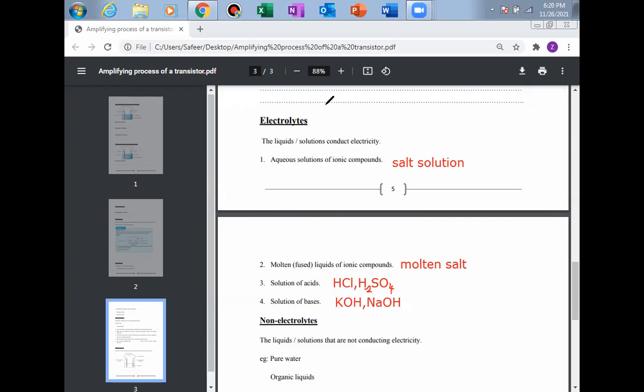What are the four items? One is aqueous solution of ionic compounds. Then molten or fused ionic compounds. Solution of acids. Solution of bases. So these are the electrolytes. They have the ability to conduct the current.